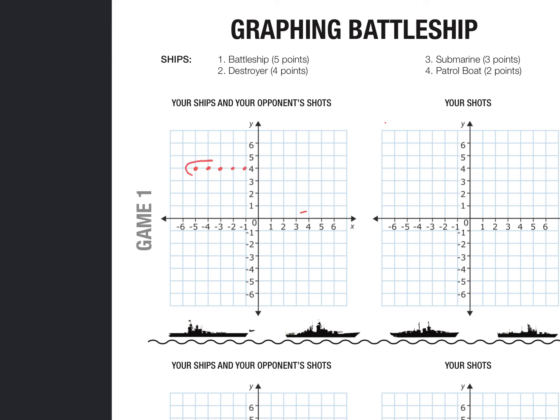And you can sort of connect around it to draw like a little boat. Your destroyer, right? You can make it cross over your axes if you want, but if it's a 4-pointer, draw 4 points. Submarine, 3 points. And your patrol boat is 2 points.